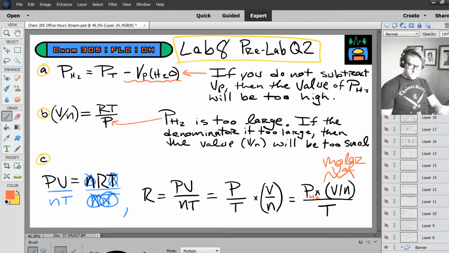All right, now I'm going to take this equation and rewrite it over here.